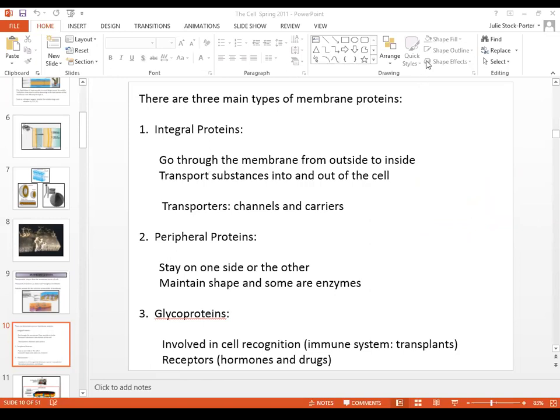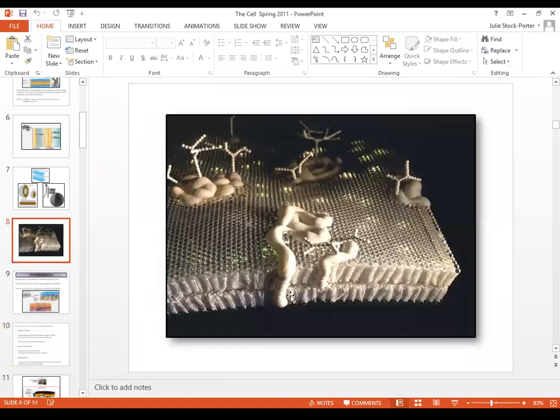All right, so let's take a look at this one more time. Here is our integral protein. We know because it goes all the way through the cell, and we're going to have channels and carriers that are going to move things in or out of the cell. This is our peripheral protein. You know because it's only halfway through on either side. It could be here or here.